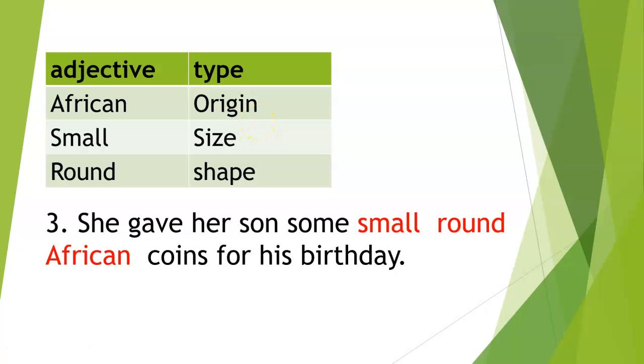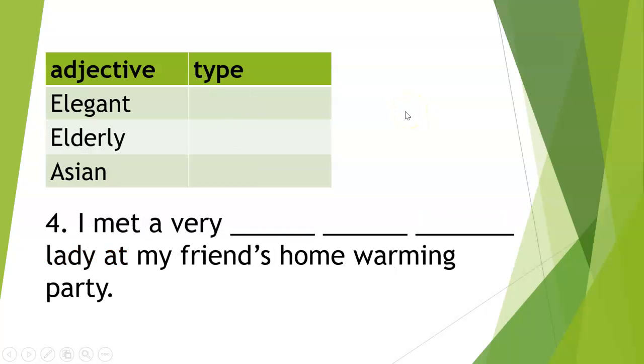Okay, we're going to move on now to example number 4. The adjectives are elegant, elderly, Asian. Elegant, which means kind of very beautiful. Elderly means that she's an older person, and then Asian. So I met a very blank blank blank lady at my friend's home warming party.